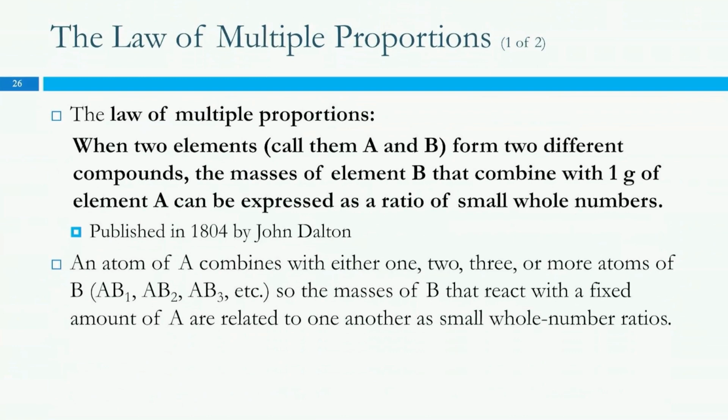All right, so the law of multiple proportions, I don't have some sort of unhinged analogy for you for this one. But I think from this wording it can be confusing, but it's a pretty simple concept at its core. When two elements, call them A and B, form two different compounds, the masses of element B that combine with 1 gram of element A can be expressed as a ratio of small whole numbers.